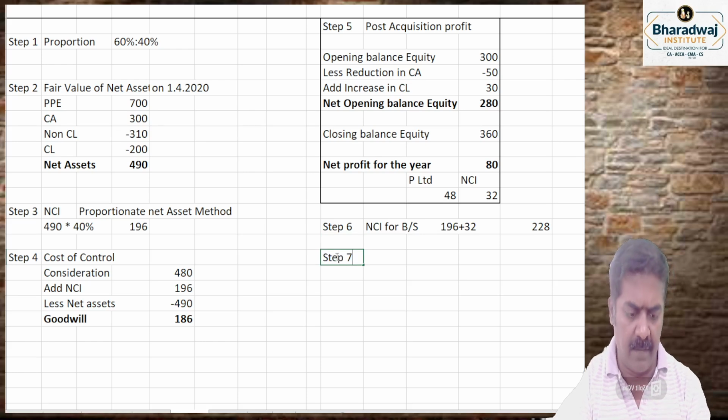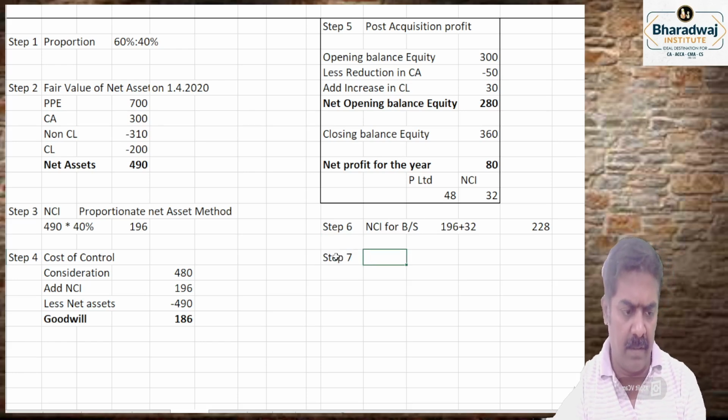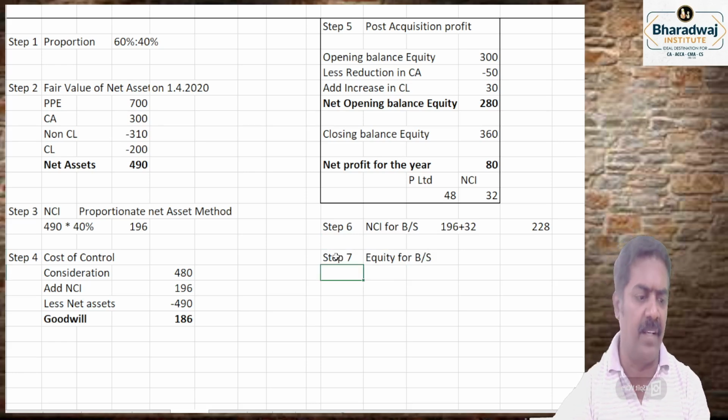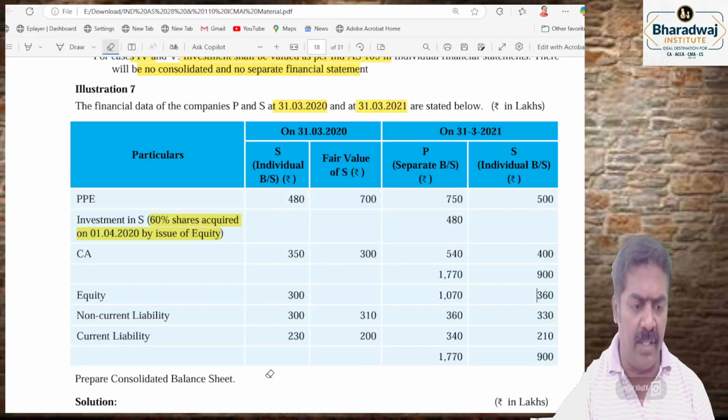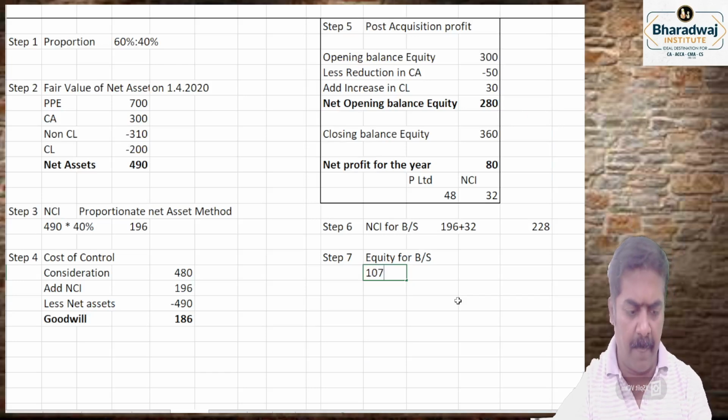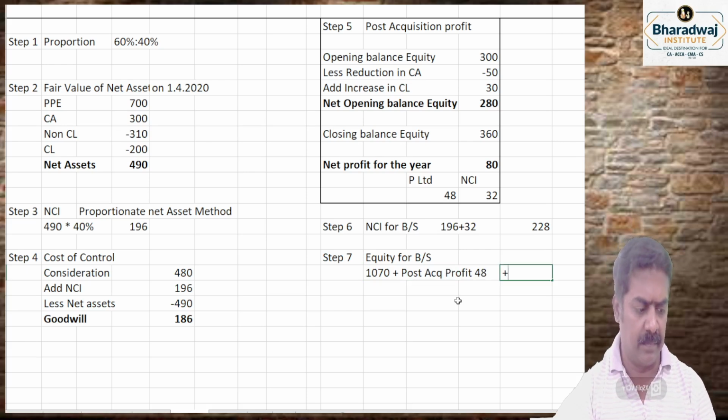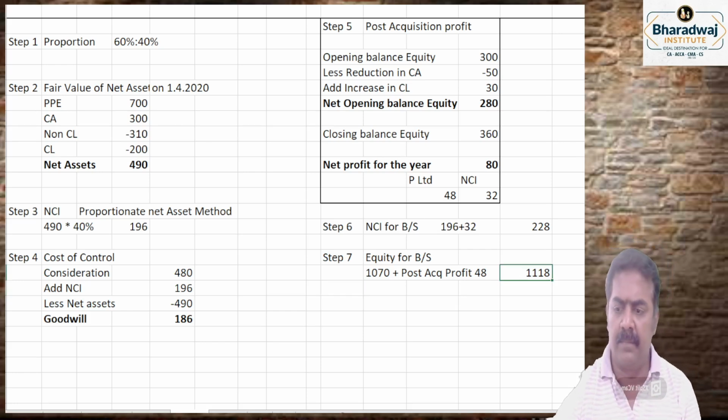Step 7. Equity for balance sheet. We are not given capital and reserves. What is the equity? 1070 plus post acquisition profit 48. 1818 will come for the balance sheet.